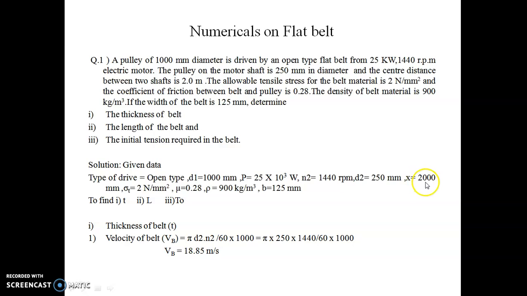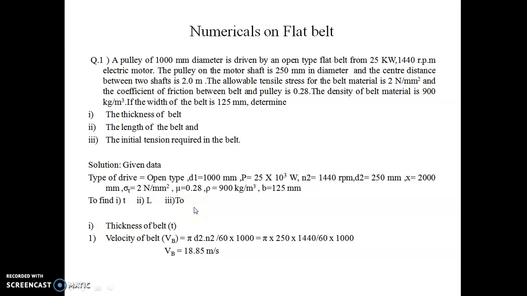Center distance x is 2000 mm. Stress 2 Newton per mm square. Coefficient of friction 0.28. Density of belt material 900 kg per meter cube and belt width B equal to 125 mm. To find out thickness of belt T, length of belt L and initial tension required in the belt T0.